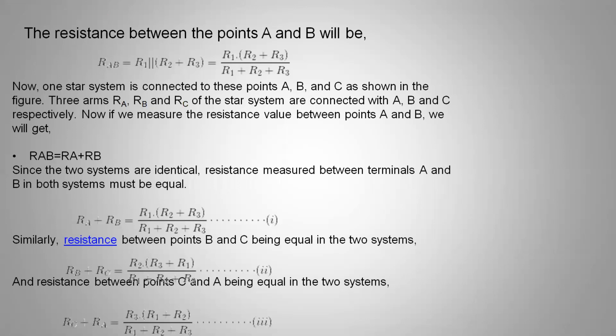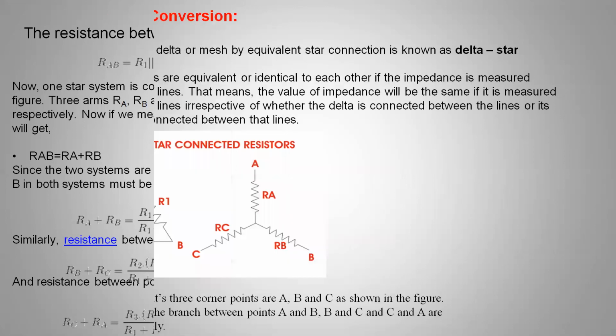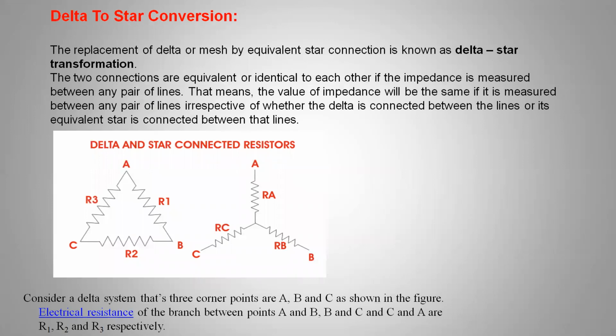And the resistance between the points C and A. Tell me, Praveen. What is the resistance between the points C and A? C and A, sir. R3 parallel to R1 into R2. Excellent. R3 is parallel to the series connection R1 and R2, so R3 is parallel to R1 plus R2.